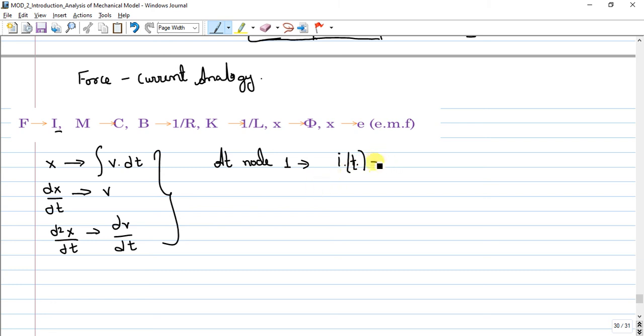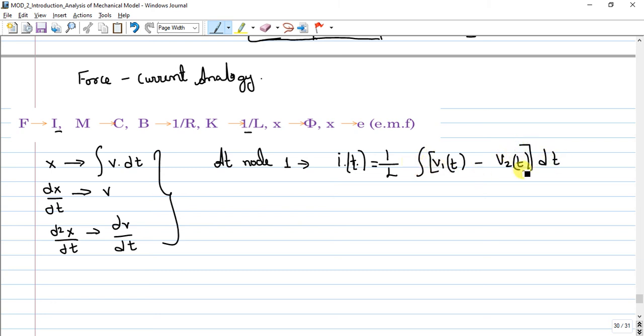That is equal to, K will be replaced by 1 by L, and x will be replaced by the integration of v: x1 of t becomes v1 of t, minus v2 of t, dt.